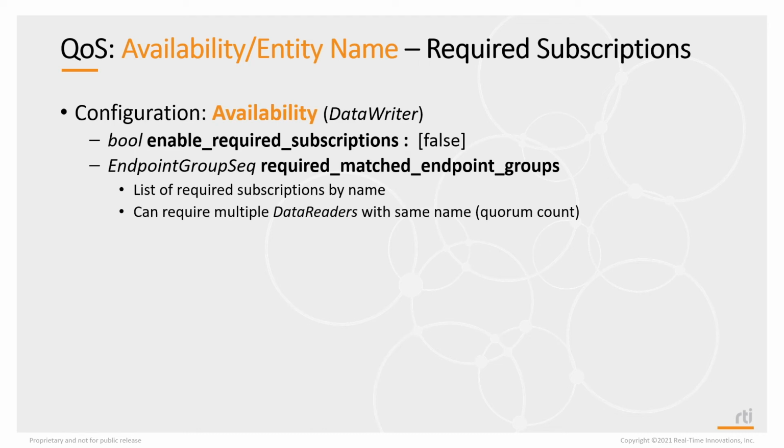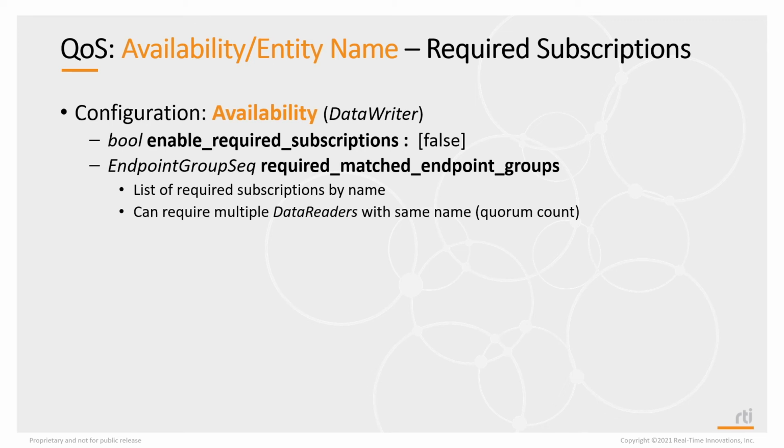It could be multiple, which is really a list of required subscriptions by name. So basically, you want a list of applications that must receive that data. You can have multiple data readers with the same name. You can have different data readers with different names. Again, by default, this is false, so it's not actually turned on.